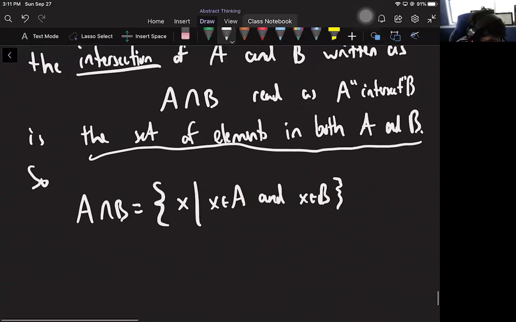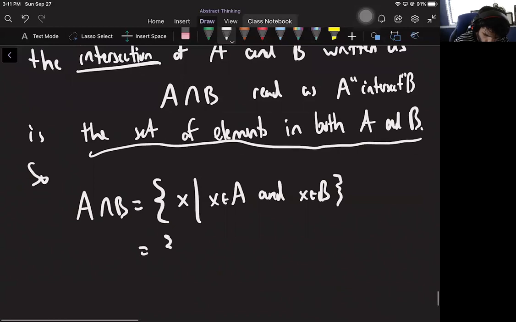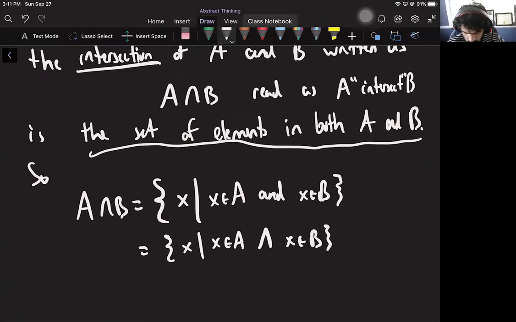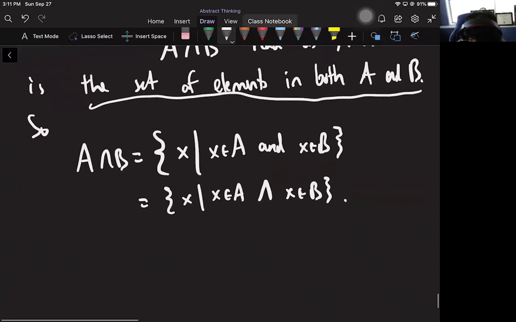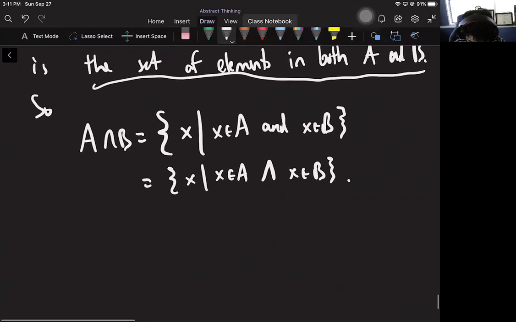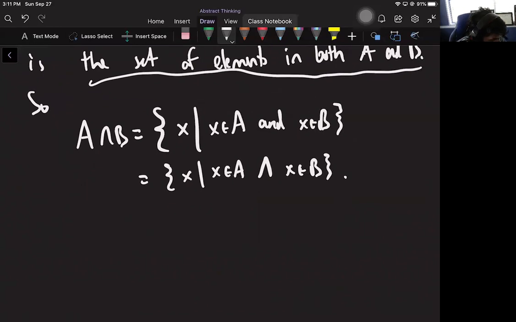So in fact, if I really wanted to, I can think of it as two predicates that I'm anding together. And that comes in handy when I do negations and I think of what does it mean for an element to not be in here. If I use logic, logical notation, I can maybe think about it a little bit easier.